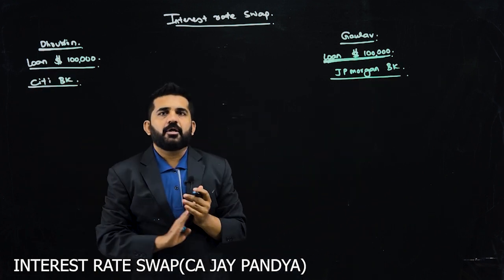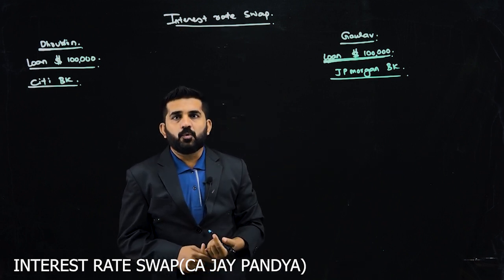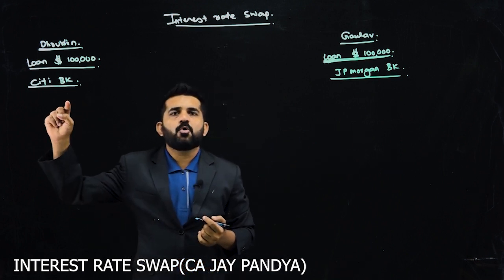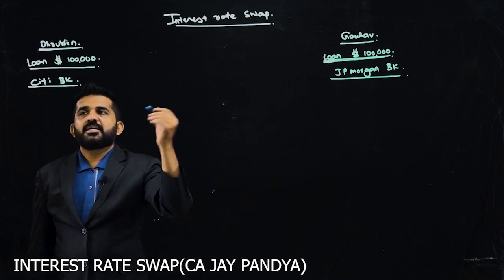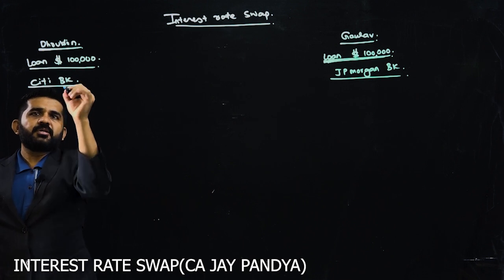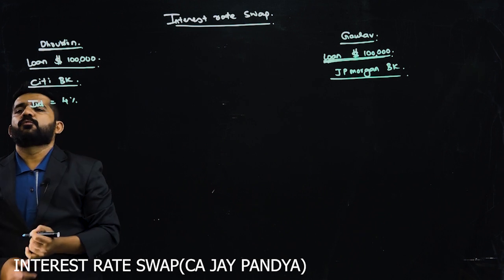See the rate at which they have borrowed the loan. Dhruvin has borrowed the loan at a fixed rate of interest. Say his rate of interest is 4%.